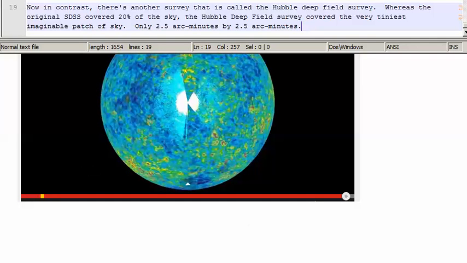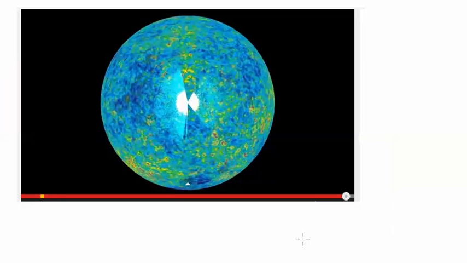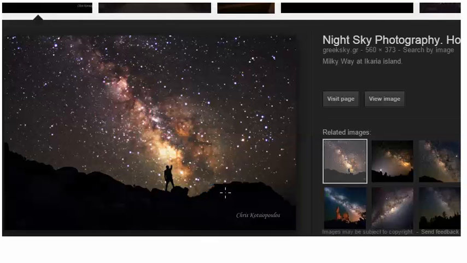Now in contrast, there is another survey that is called the Hubble Deep Field Survey. Whereas the original SDSS covered about 20% of the sky going outward, this is, oh dear, that's a bad way to show it. To describe 20% of the night sky, I will use this picture from Chris Kotsiopoulos.